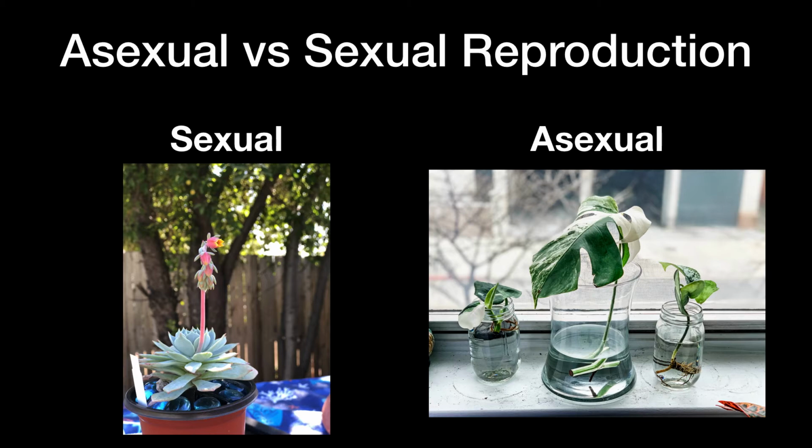Advantages for this are that compared to the time it takes to reproduce sexually via seed, it is much faster with the asexual methods. And another advantage is that it maintains some of the attributes of the parent plant.